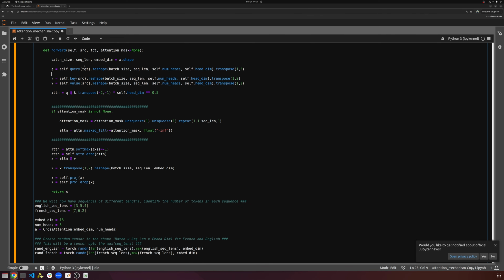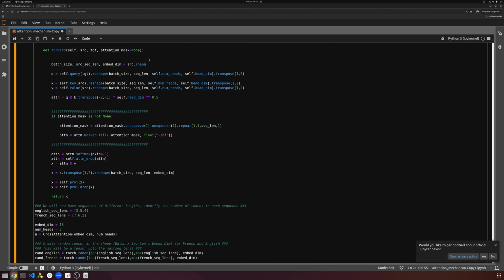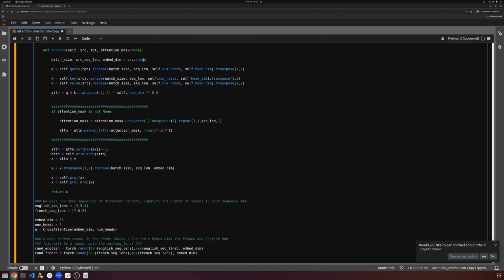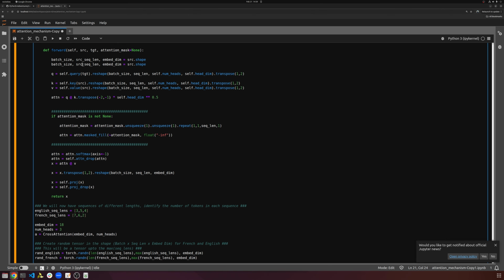So there we go. We also need, so we don't have just a sequence length now. We have a source sequence length, right? And then similarly, we're going to have a target sequence length, right?